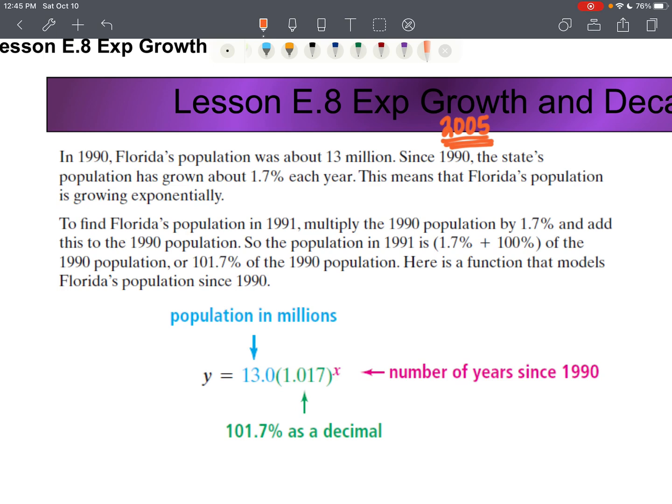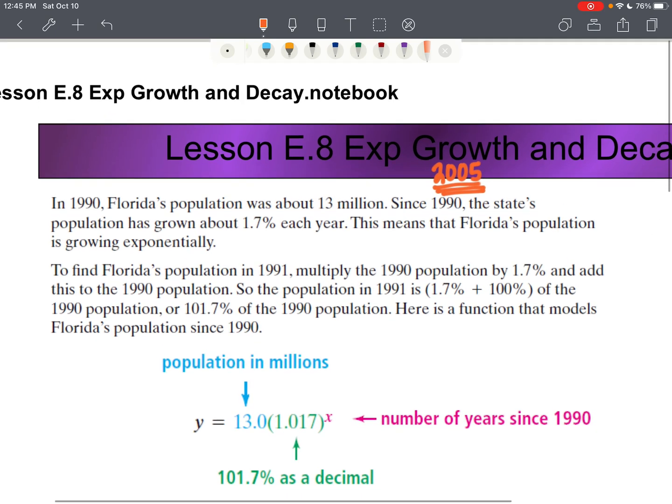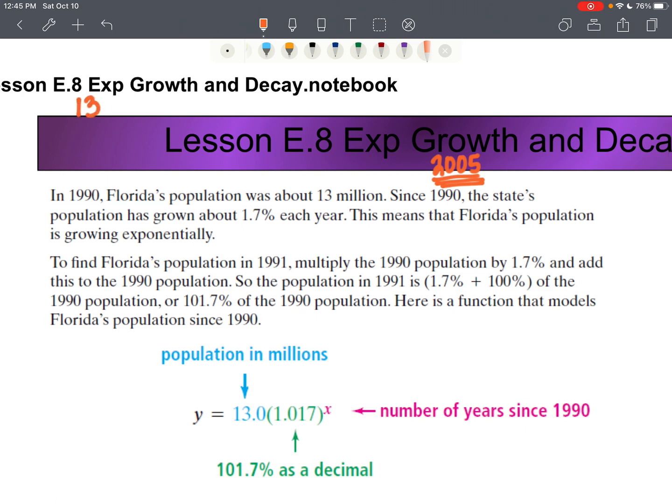To find Florida's population in 1991, what you do is you multiply the 1990 population by 1.7%. So you start with 13 million. You're going to multiply by 1.7%. So 1.7% as a decimal is 0.017.